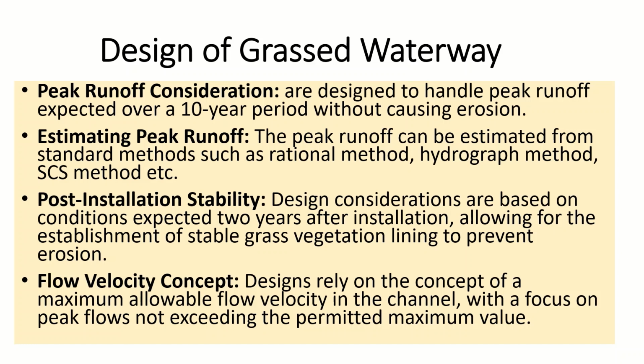We had just discussed that, with a focus on peak flows not exceeding the permitted values. For example, in clay soil, we may not allow the velocity to increase beyond 1.2 meters per second. So we may change other dimensions so that velocity is within that permitted range.